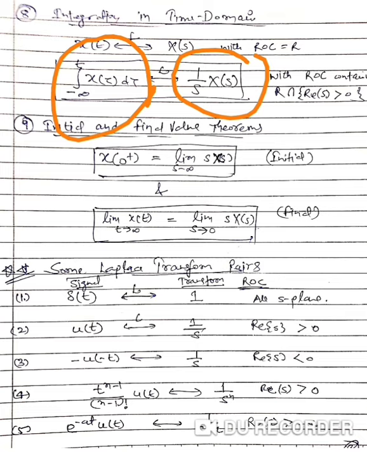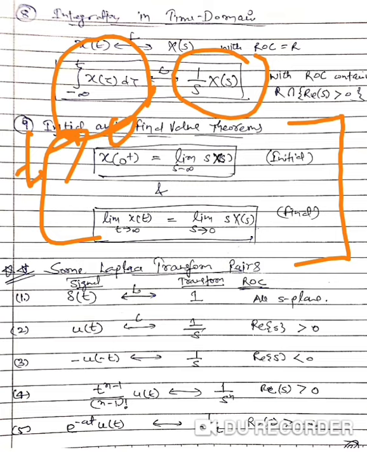And what are the initial value and final value theorems? If we calculate the value of signal x(t) at t equal to 0, at a time t just greater than 0, it will come out to be limit s tends to infinity s into X(s). That is the initial value of the signal in the time domain.